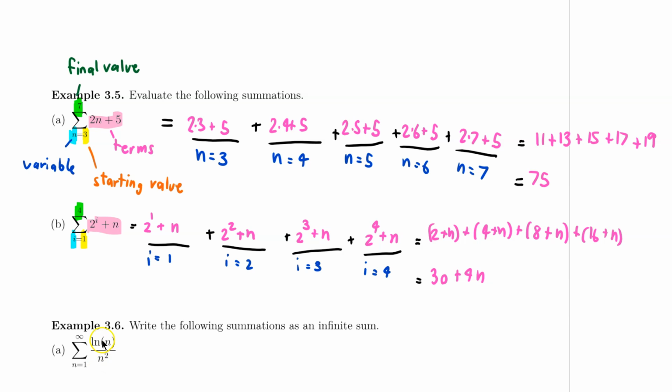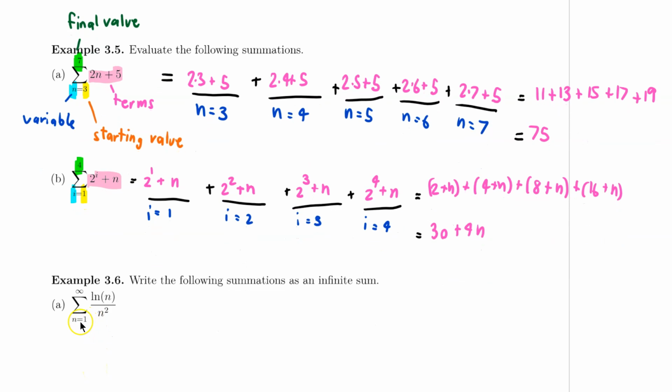And for the next example, I'd like to write the sum that we have down here as an infinite sum. Notice how the summation notation will follow the same scheme that we have above. So in the first example, the thing that I would like to sum is log of n over n squared, and my variable is going to be n. My n is going to start from 1 and go all the way to infinity.